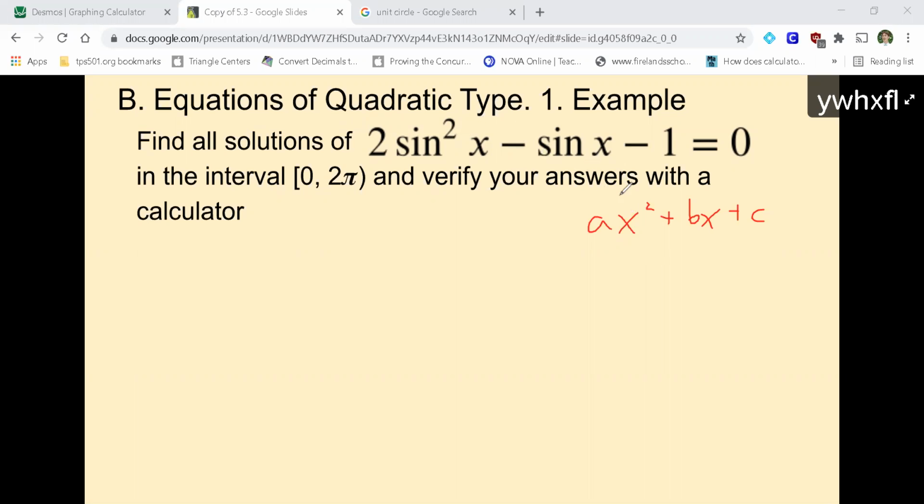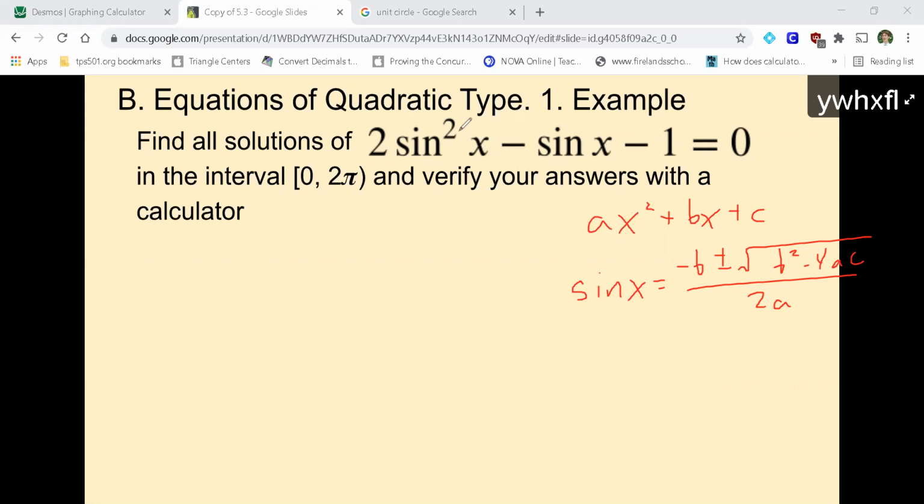Since it's a sine of x instead of just x, the quadratic formula is sine of x is equal to negative b plus or minus the square root of b squared minus 4ac all over 2a. And then you'll have to take the sine inverse of that. But to be honest, the easiest way to deal with this one is really just to factor it. And that's going to be true of most of the quadratic types. In fact, I think all of the quadratic types they give you are factorable.